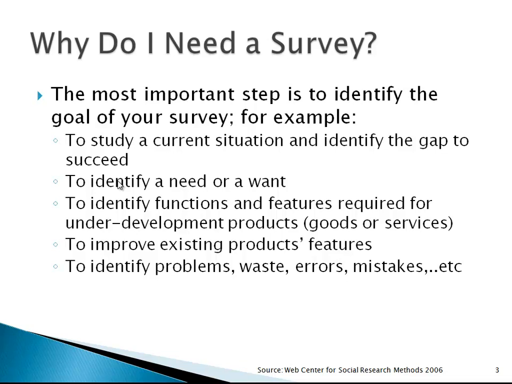We can also improve existing product features. We can identify problems, waste, errors, and mistakes, and correct them as feedback coming from the population or from a sample of the population.